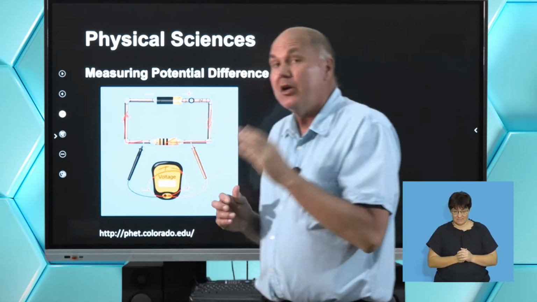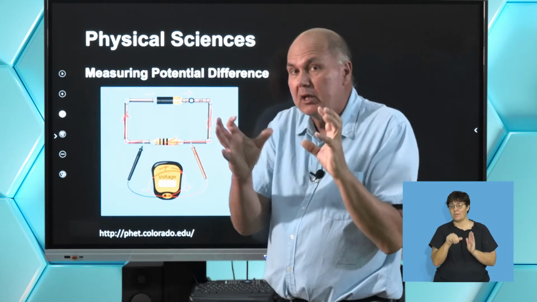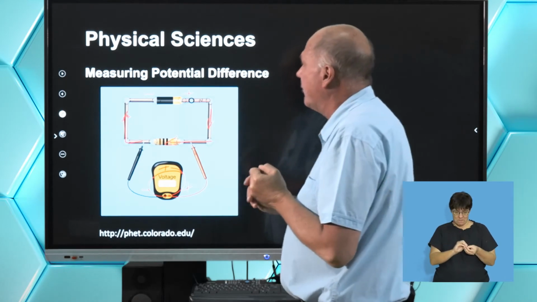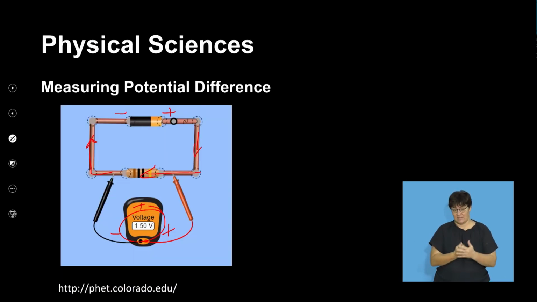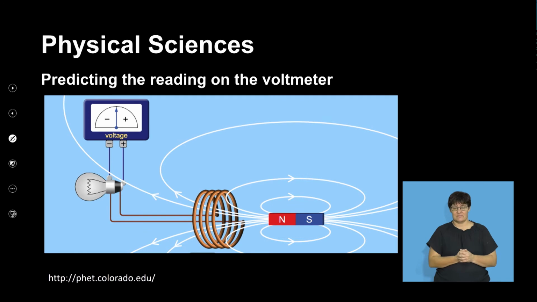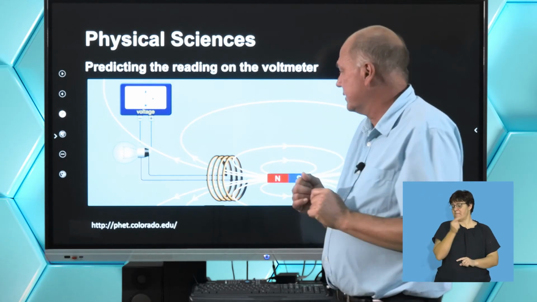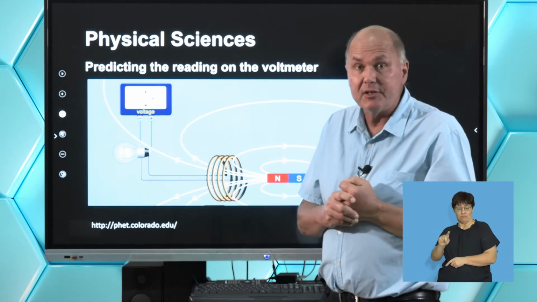If it goes in at the terminal marked negative, it will give a negative reading. So it's very important that we put all the little pieces together so we can make our prediction. And so here we go. Here is our scenario, and we're going to first of all think about it and work through it and see if we can make a prediction. Then we'll go and look at the simulation and see if our simulation is correct.